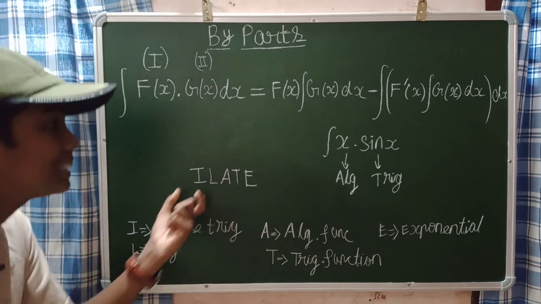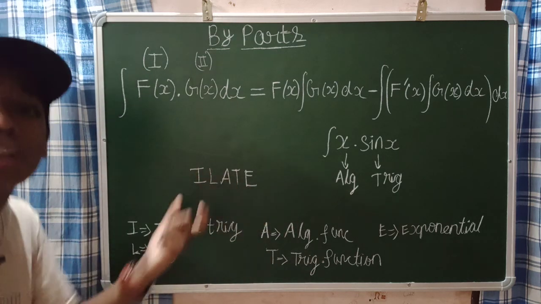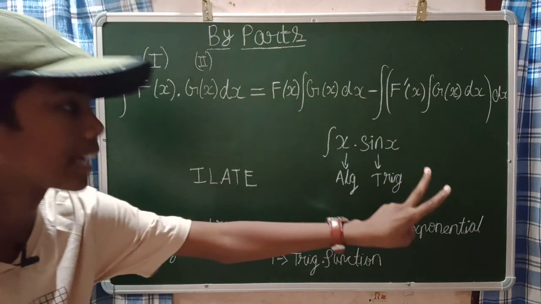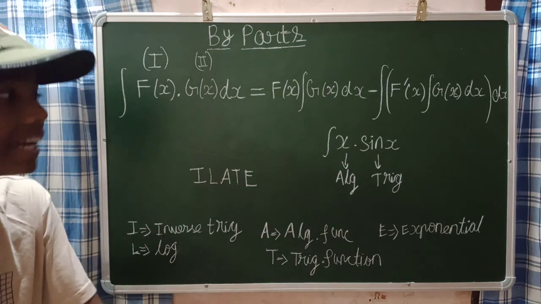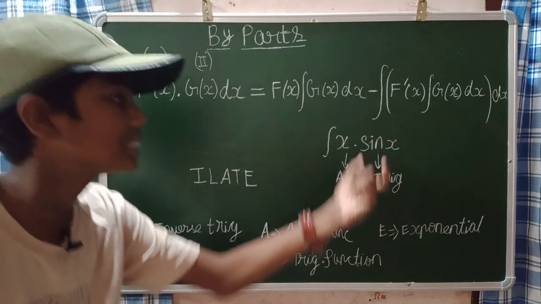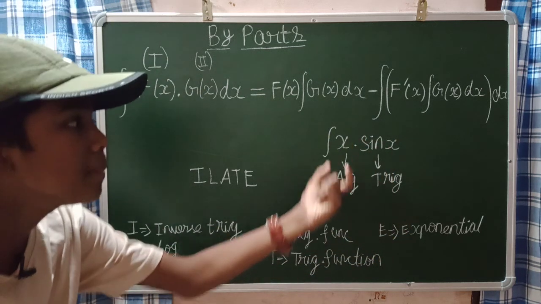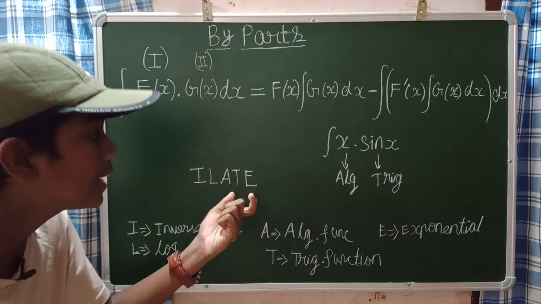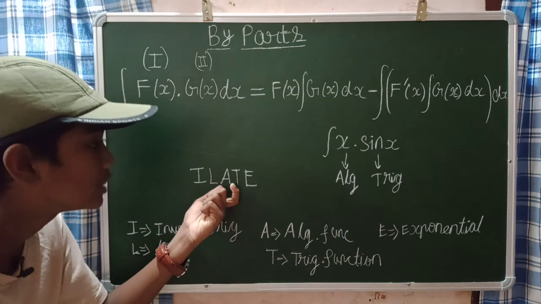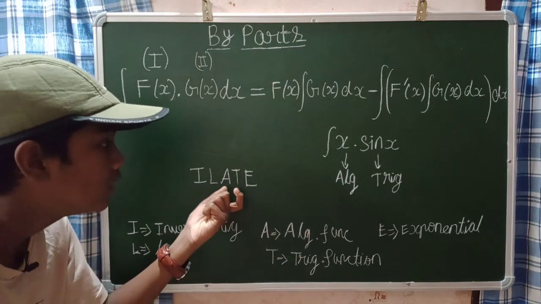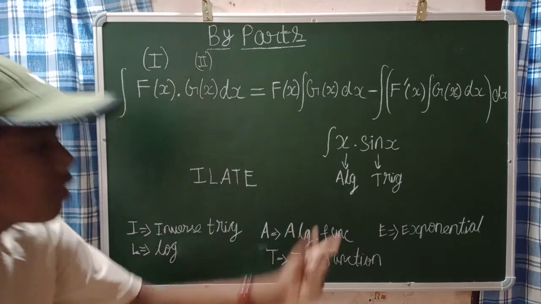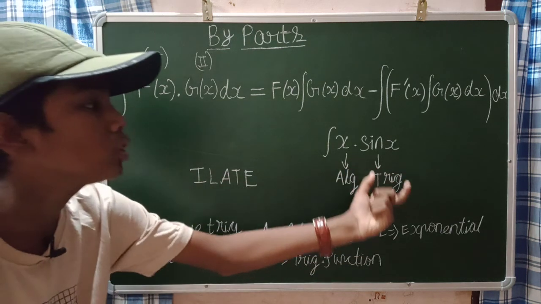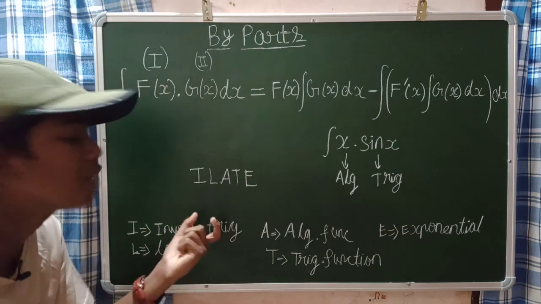Because trigonometric is after algebraic. So once again, x is algebraic, sin x is trigonometric. x will be taken as the first function because A is before T, and sin x will be taken as the second function because T is after A.